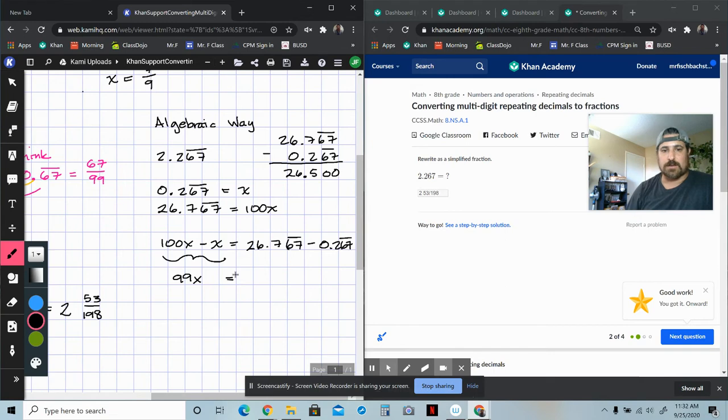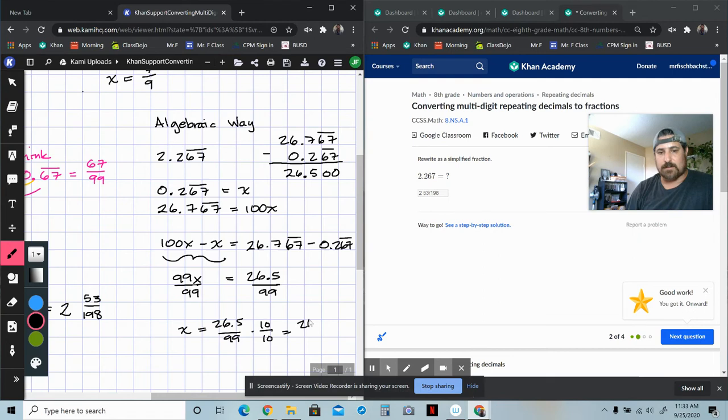Then you want to undo times by 99, so you divide by 99 both sides, and you get your answer, which is going to be x is equal to 26.5 over 99. You multiply top and bottom by 10, and you get that very same 265 over 990. And then you'd have to simplify from there. So the answer is the same, right?